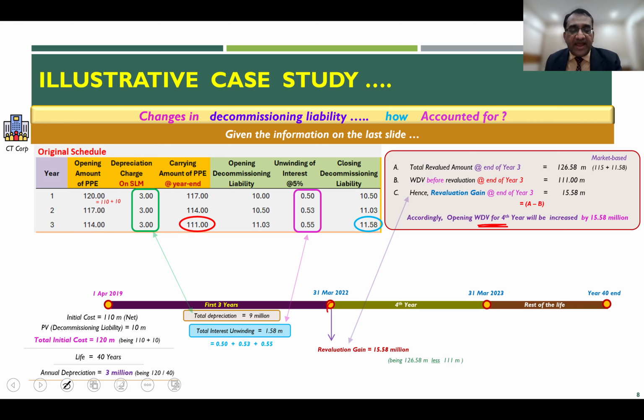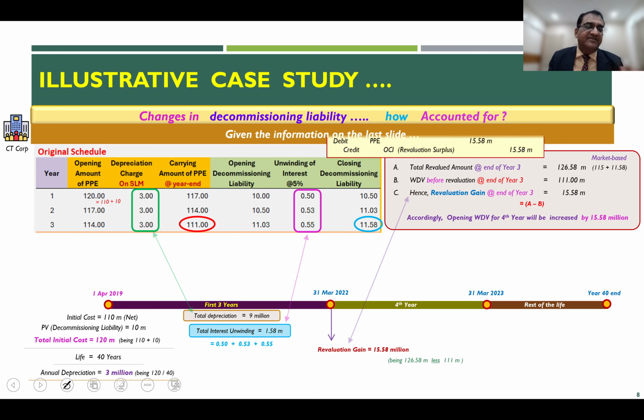So at the end of year number 3, this is the gain. You will record the revaluation gain of 15.58, which is the difference between these two numbers, right? And then your opening WDV will be this carrying amount, okay? It will be increased by 15.58, which we'll see in the calculations in the next slide also.